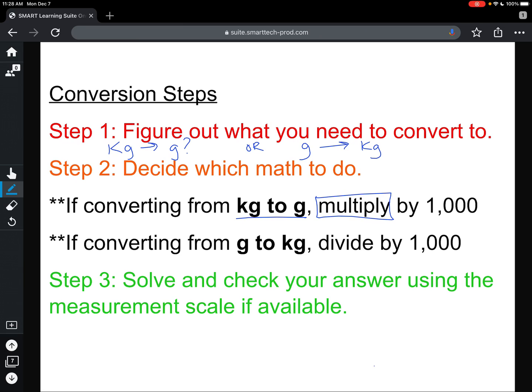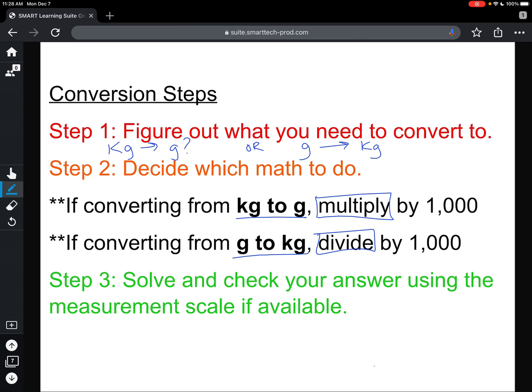It takes a greater number of smaller units to represent the same mass, so I'm going to multiply. If I'm converting from grams to kilograms, I'm going to divide by 1,000. The numbers get smaller because it takes a smaller number of larger units to equal the same mass. Step 3 is to solve and check your answer using the measurement scale if available.